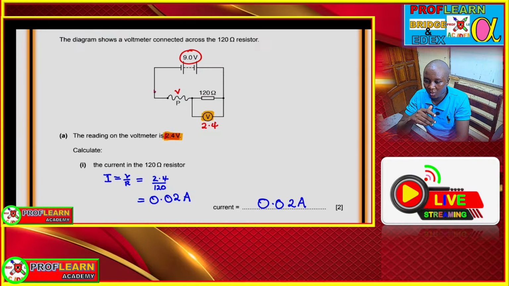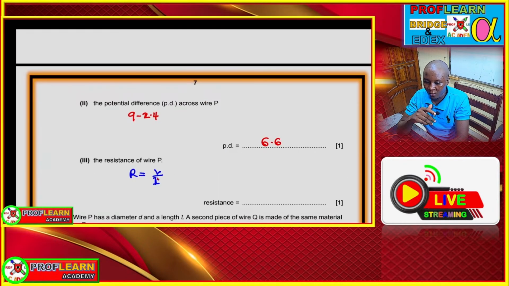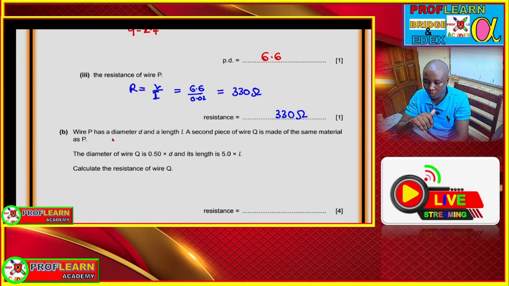So here we're going to use this current, which is 0.02, and then the voltage that we had gotten, so that we can work out the resistance to be 330 ohms. Upon finding this, we can now answer the last question of this episode.